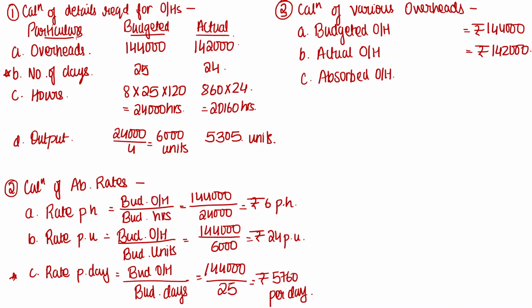So first we are calculating per unit. Let us say that we are absorbing on the basis of units. So what will be my absorbed overheads if I am absorbing on the basis of units? Can you tell me?